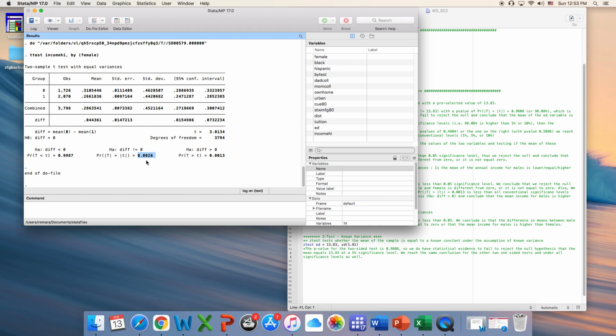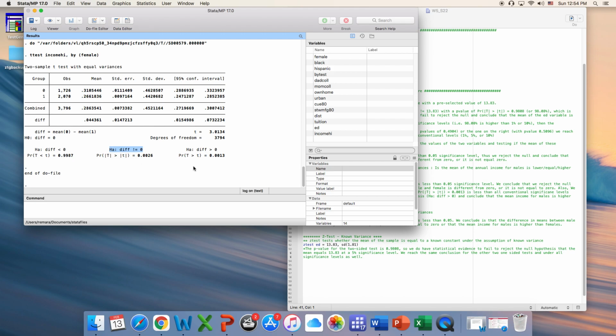So in other words, you would say there is a very small probability that the null holds true. There is a very small probability that the difference in means is equal to 0. And if the probability is low, then we reject the null hypothesis and accept the alternative hypothesis that the difference in means is not equal to 0.